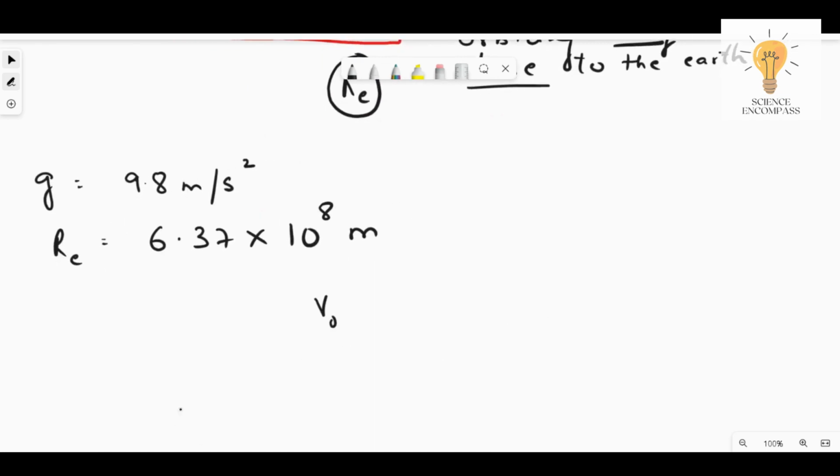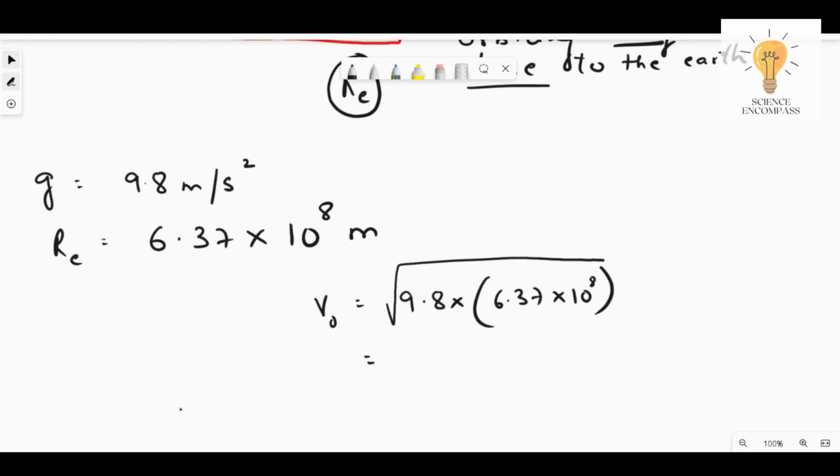So v naught equals the square root of 9.8 times 6.37 times 10 to the power 8, all squared. And then you get something like 7.9 times 10 to the power 3 meters per second, which is about 8 kilometers per second.